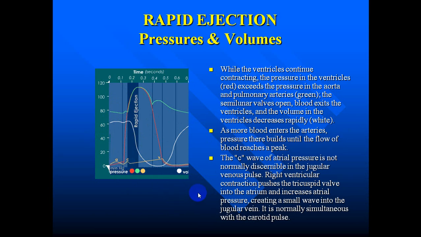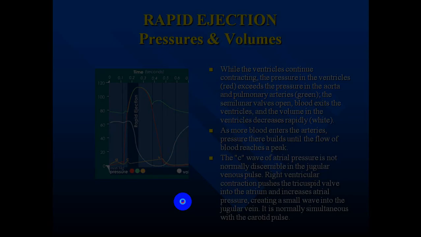Normally this is not discernible, but in the venogram it can be seen in the jugular veins, not as a venous pulse. The right ventricle contracts, pushes the tricuspid valve into the atrium and increases the pressure, creating a small wave in the jugular veins. It is normally simultaneous with the carotid pulse.